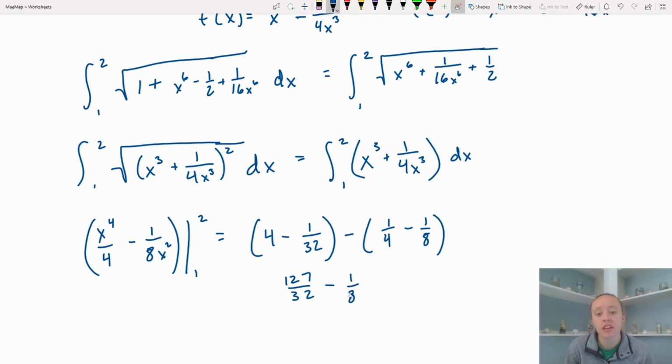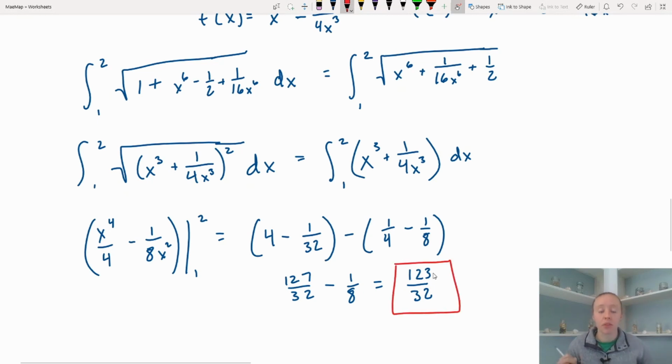So now, taking 127 over 32 and subtracting 1/8, I can think of 1/8 as 4 32nds. So 127 minus 4 is going to be 123, and that's all over 32. That's the length of my curve in example 3.